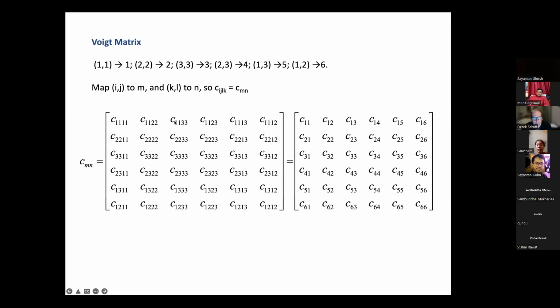And we can go from elasticity tensor to Voigt matrix by taking ij, so C sub 1,1, that becomes C sub 1, where M is 1. KL, if that is 1,1, that is 1. So C1111 would become C11. C1122 would become C12. So I'm just following these rules up here.